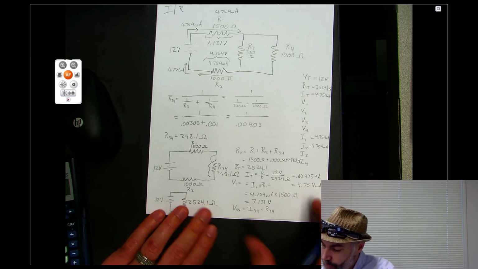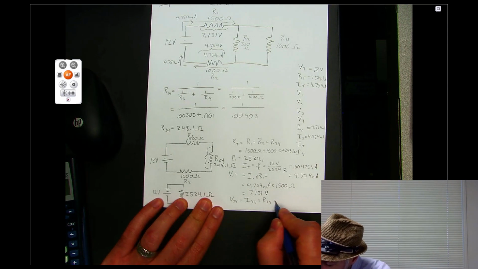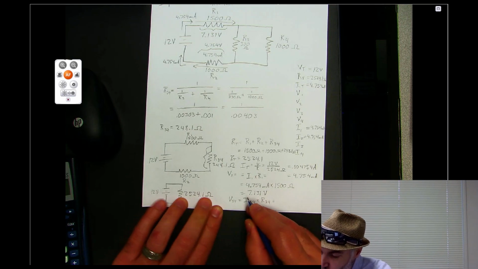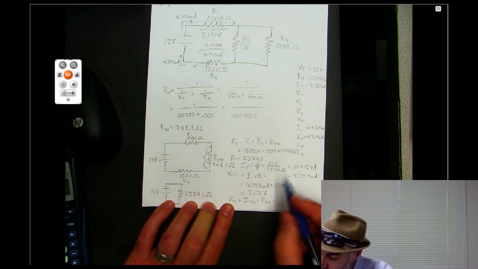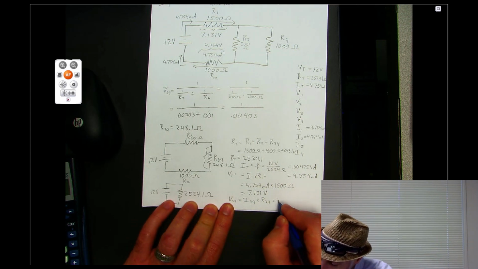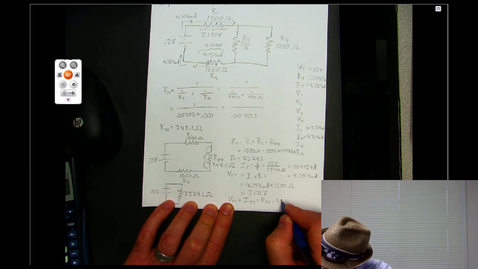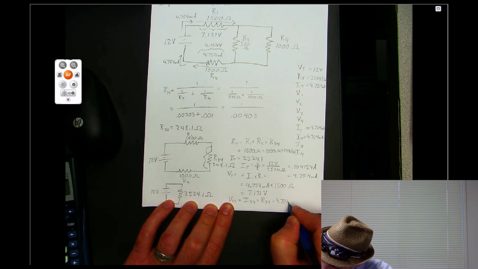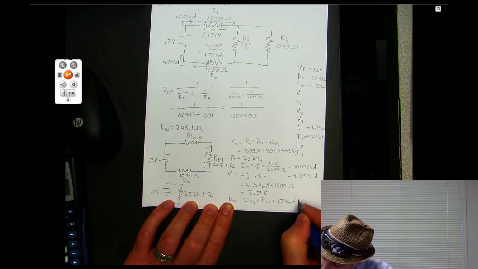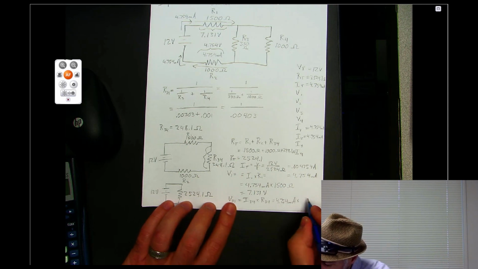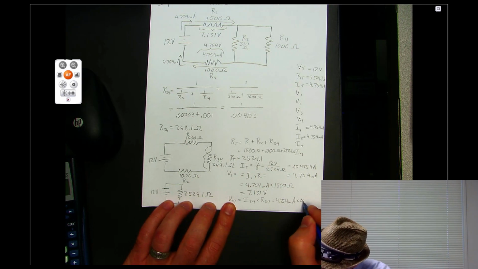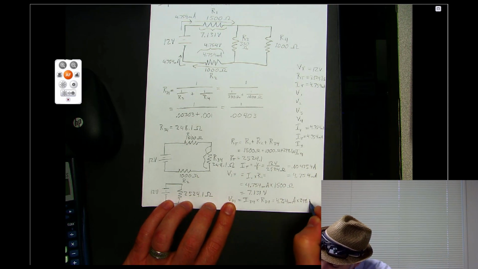I34 is just the total current, so that's 4.754 milliamps. And then R34 is 248 ohms.